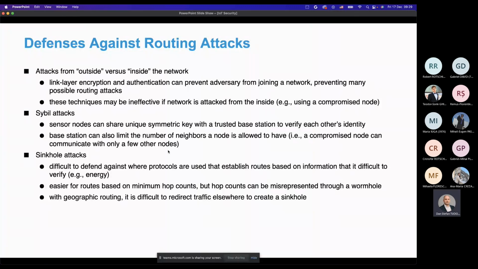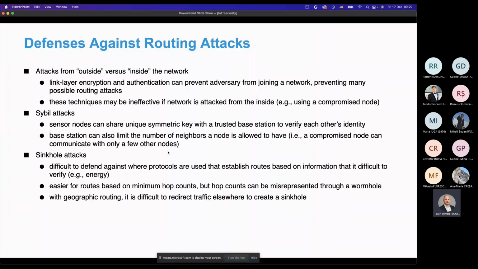Sinkholes are difficult to defend against in protocols where routes are established on the basis of information that is hard to verify. So, for example, reliability of energy measurements. Routes that are based on minimum hop counts are easier to verify, but the hop count can be misrepresented through a wormhole.